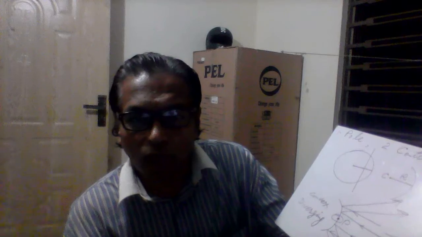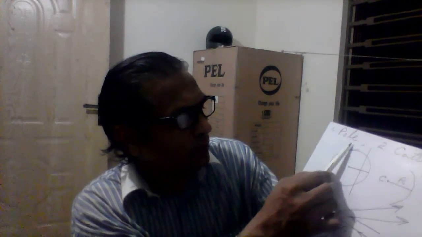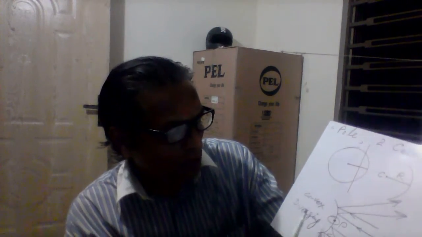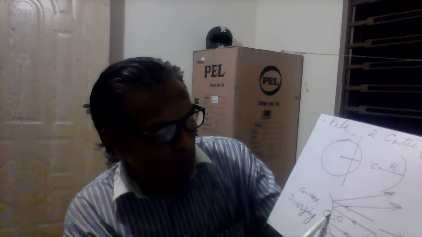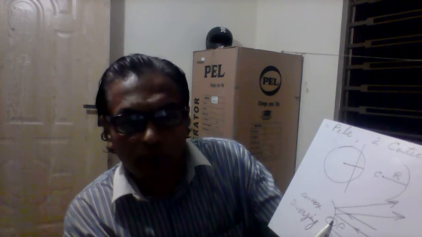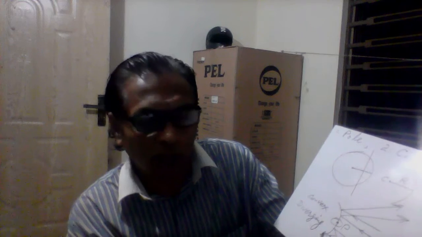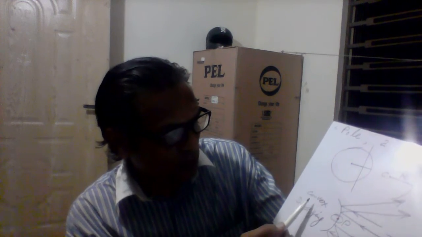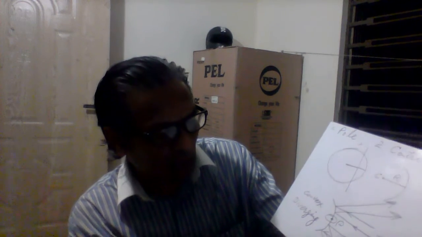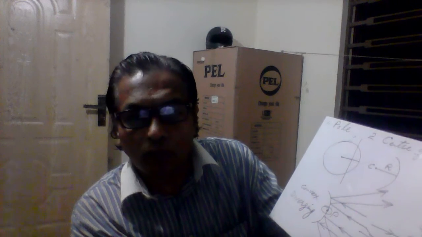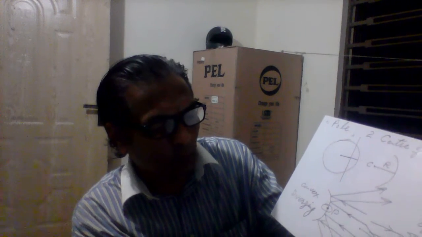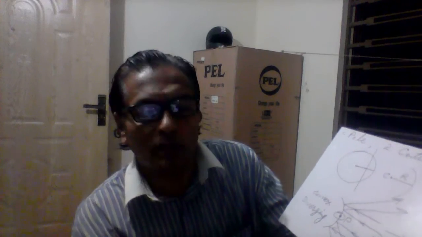Now we will come towards the definition of pole. What is pole? The midpoint of the curved surface is known as pole. Either it is the case of a convex mirror or a concave mirror. In both cases, the midpoint of the curved surface is known as pole.